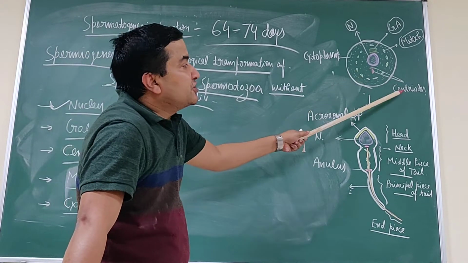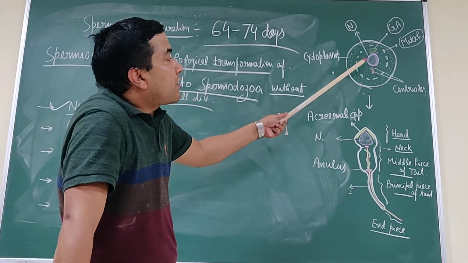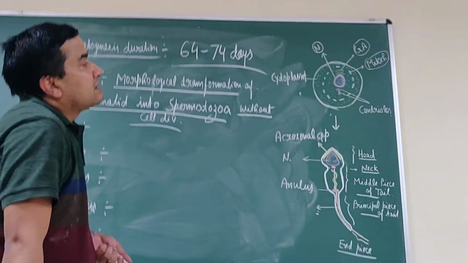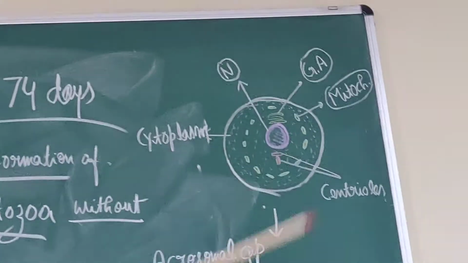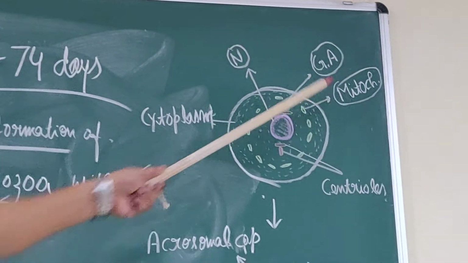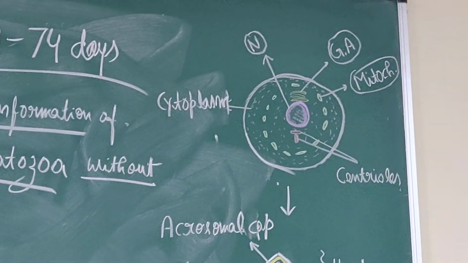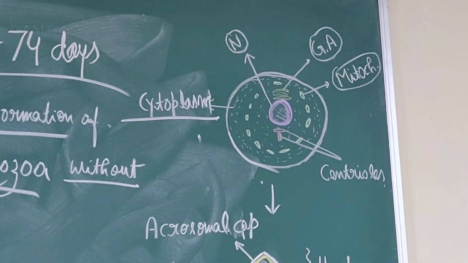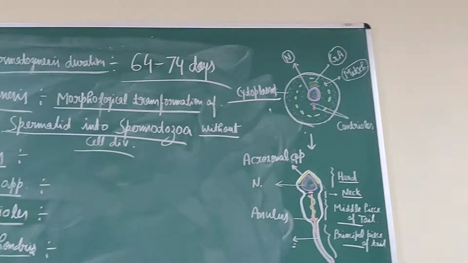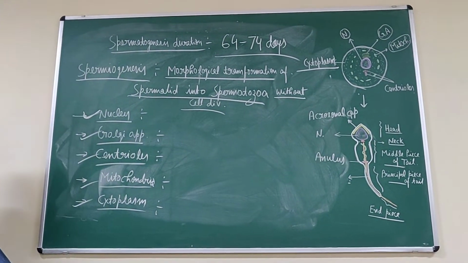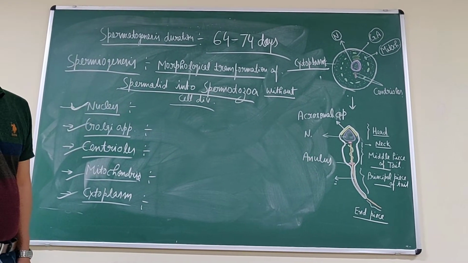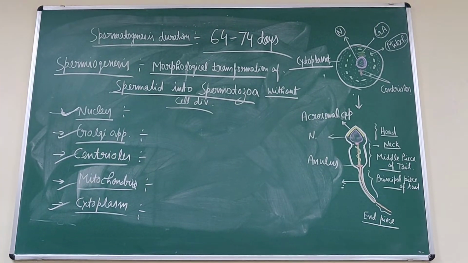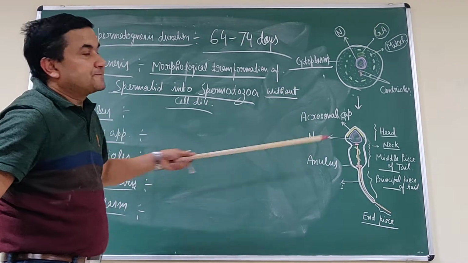There are the centrioles, proximal and distal. Numerous mitochondria are present, and there is abundant cytoplasm. These are the structures present in the spermatids. Now there is a modification, a change.